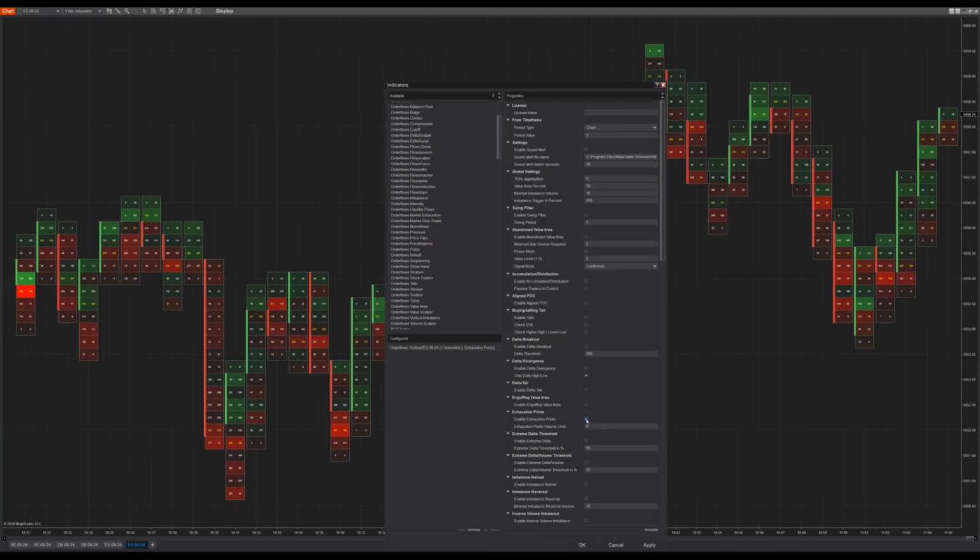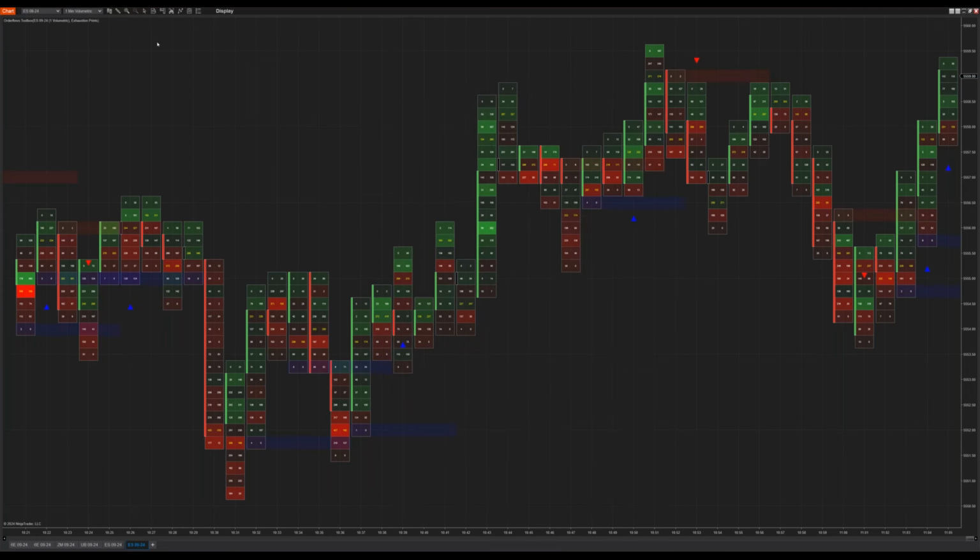We'll just look for exhaustion prints, if there are any. Okay. Yeah, so again, it's showing it. It's hard to see because it's black, but you can sort of see it coming in here.